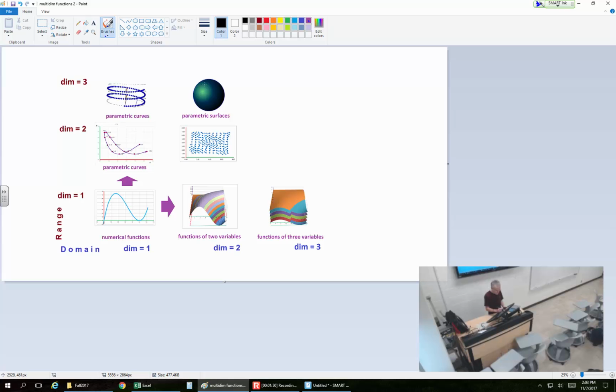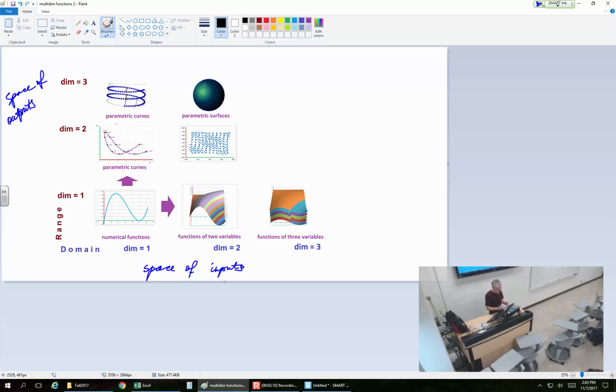So the space of inputs on the x-axis and space of outputs on the y-axis.